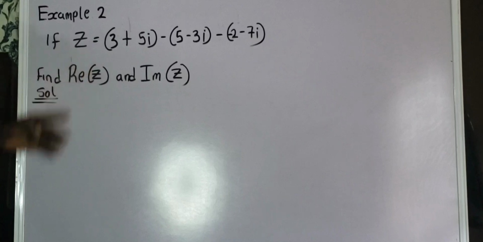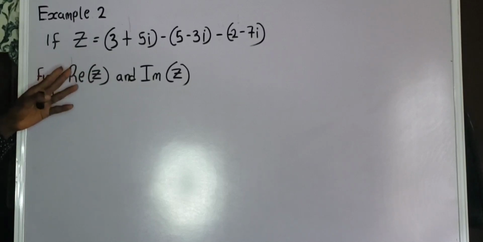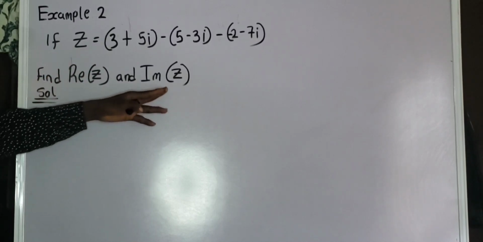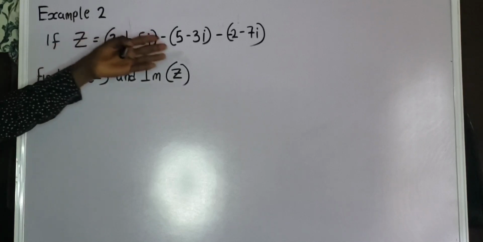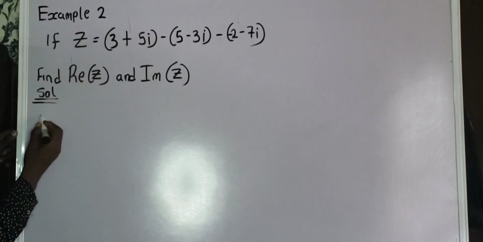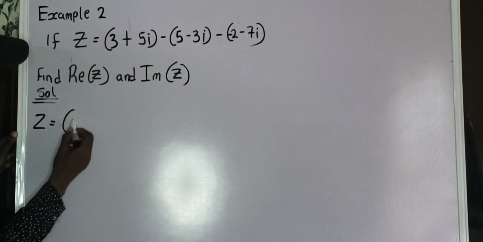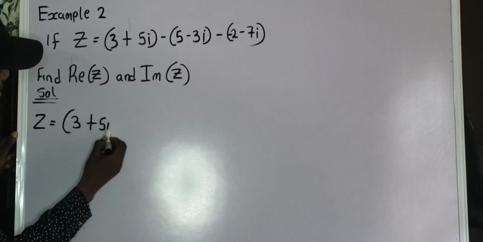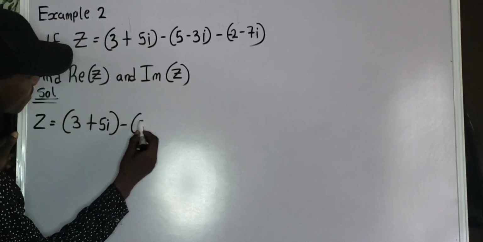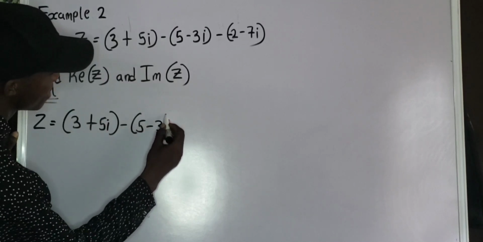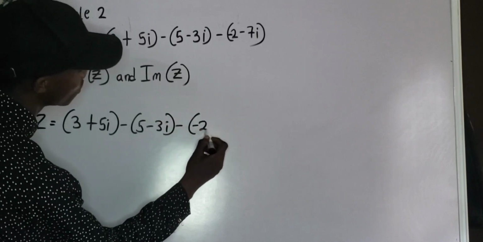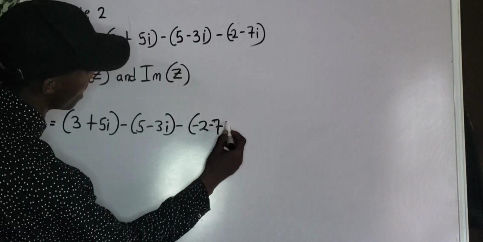Now, let us attempt example 2. The first step is that before we can find the real part of z and the imaginary part of z, we first have to evaluate this, okay? So for this, z is equal to 3 plus 5i minus 5 minus 3i minus into bracket minus 2 minus 7i, okay?